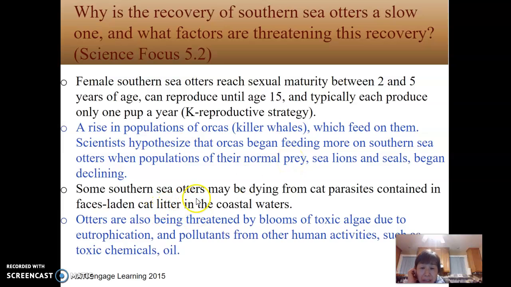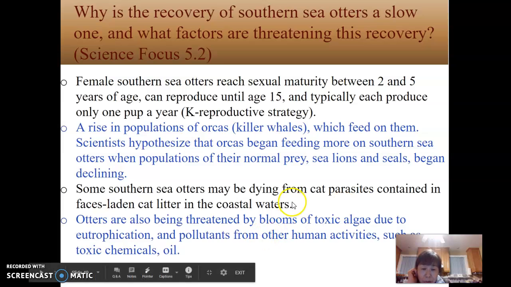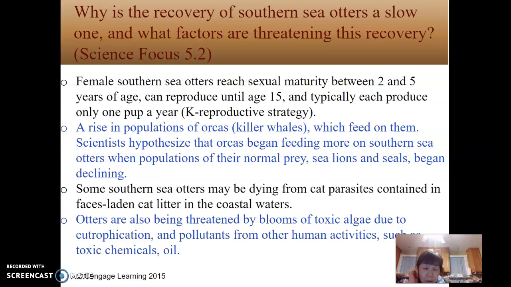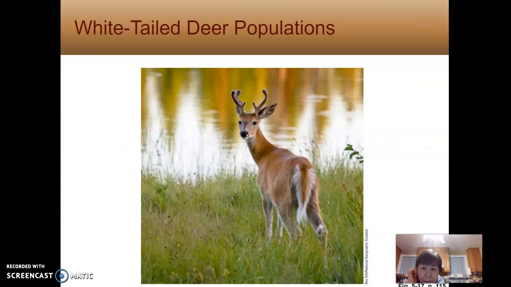And then some southern sea otters may be dying from cat parasites contained in the feces-laden cat litter in the coastal water area. And then otters are also being threatened by blooms of toxic algae due to eutrophication. All those factors cause the sea otters to recover slowly, although they have been protected for several years.